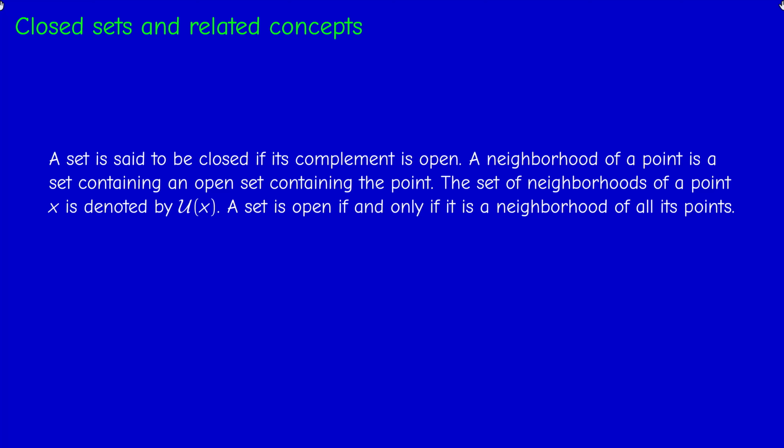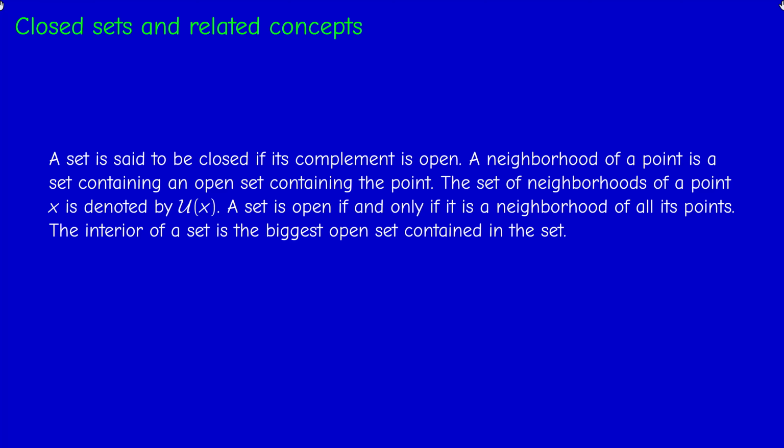And it's easy to prove that a set is open if and only if it is a neighborhood of all its points. This is something trivial actually that we proved in second year. The interior of a set is the biggest open set contained in the set. So it's the union of all open subsets of the set.